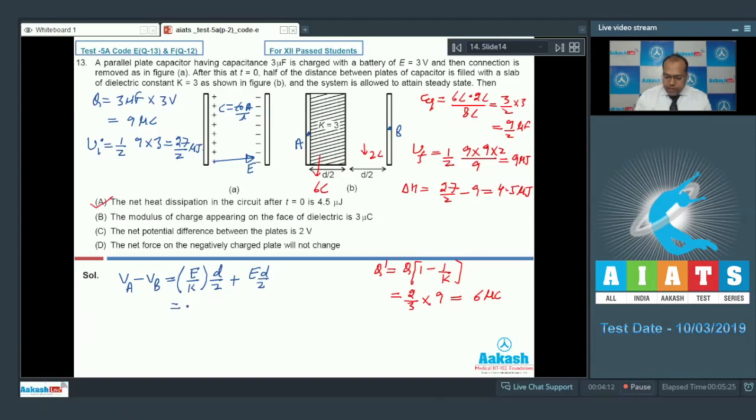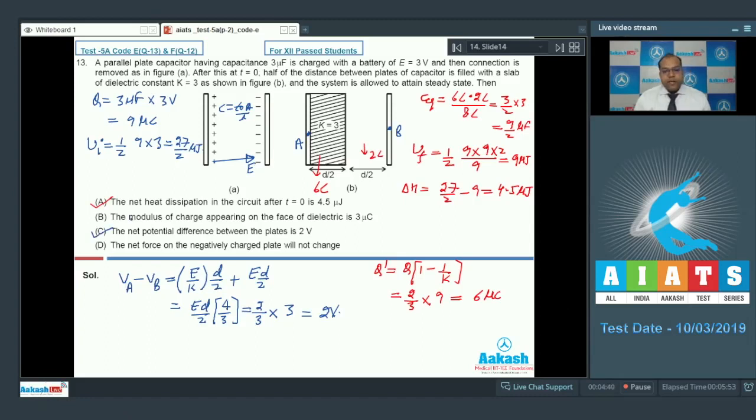This can be further written as E into D by 2 into 1 by K plus 1. The value of K is 3, so 1 by 3 plus 1 is 4 by 3. So it is equal to 2 by 3 of E into D, and the initial potential difference is 3 volt. So this comes out to be 2 volt. So option C is correct.